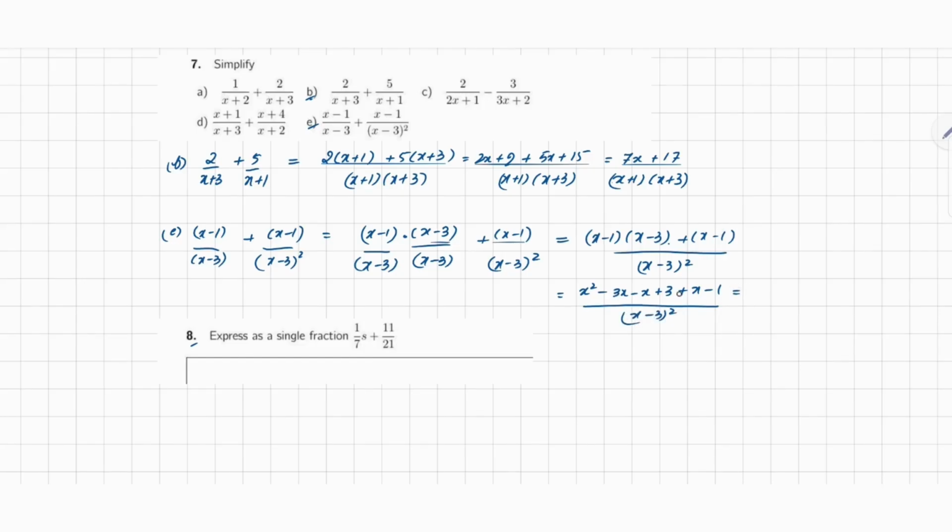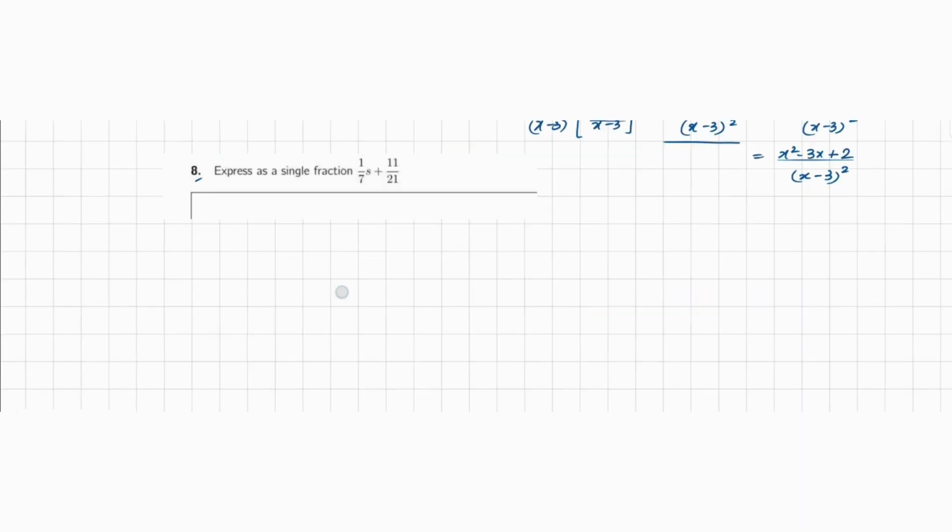We can combine the like terms. We have x squared minus 3x minus x is minus 4x plus x, that's minus 3x, plus 3 minus 1 is 2 over x minus 3 the whole square.